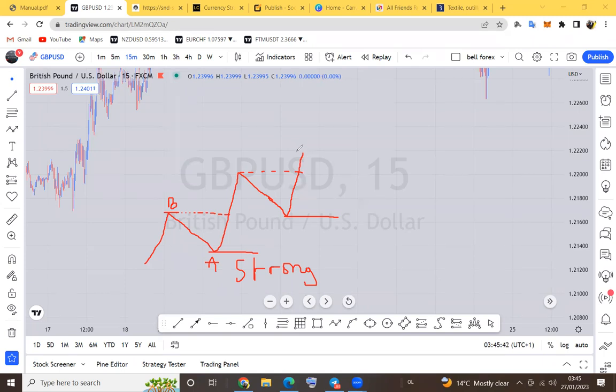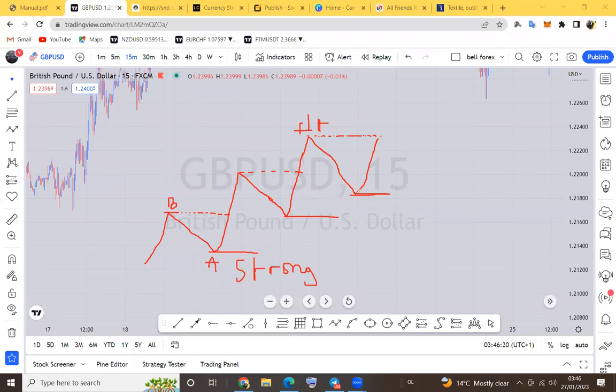So, what if this guy comes like that, comes down, and this guy goes up here? We have this dot here. This structure comes, and this point here is unable to break this high and maybe forms a double top.